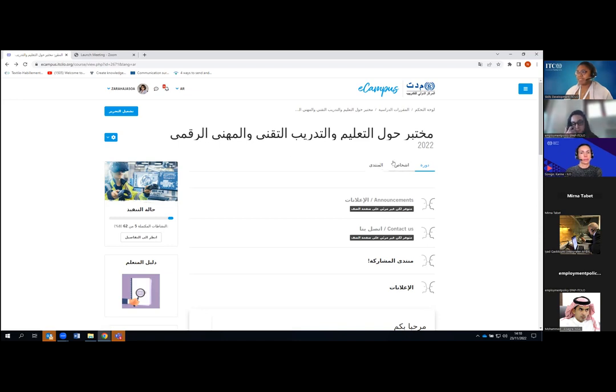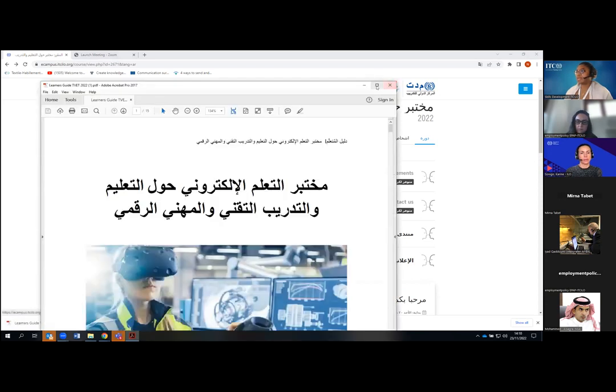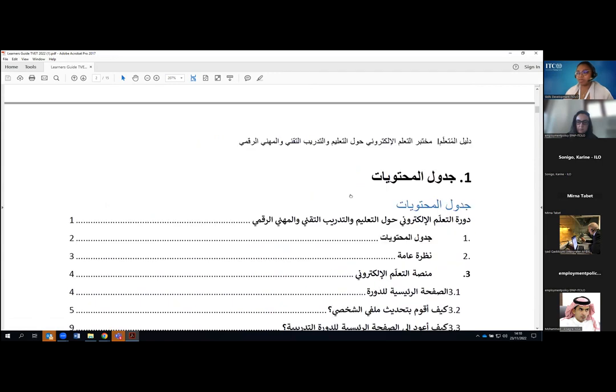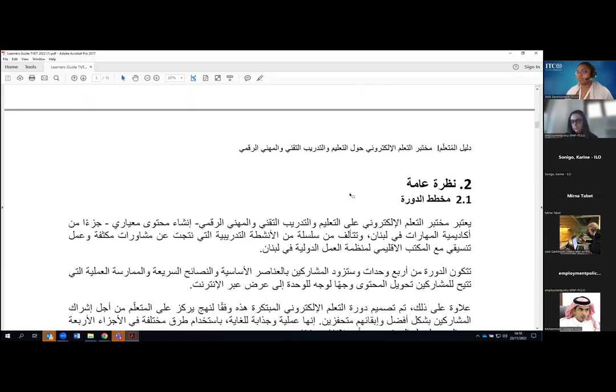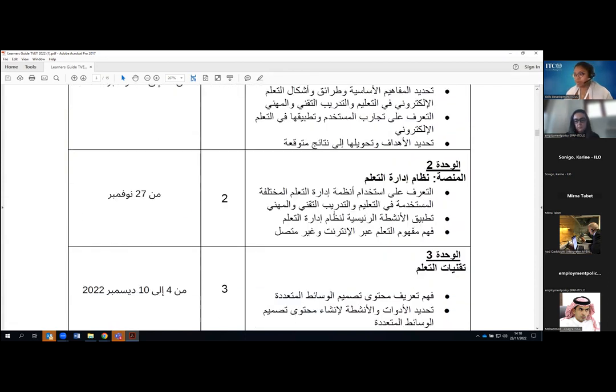And then what else surrounds the course's content? Here we have the learner's guide. I hope that you have had the chance to read this learner's guide. The learner's guide gives you all the details on how to run this course and how to make your training journey successful.